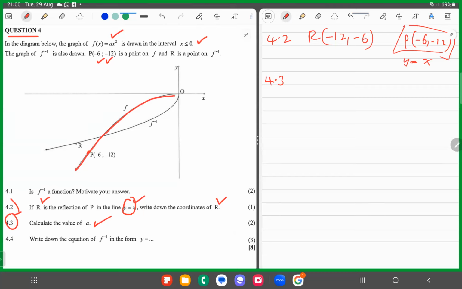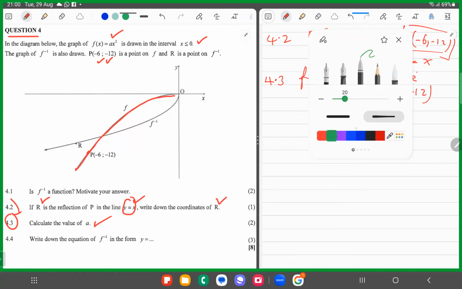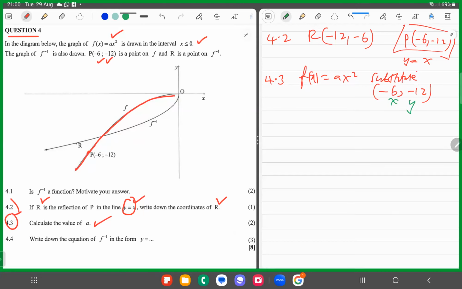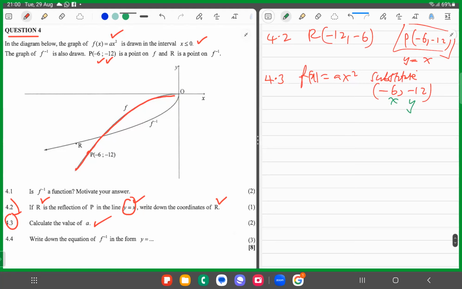Right, so now we write the answer as follows. f of x is ax squared. Substitute -6 and -12, which are x and y. So at this point your y is -12 and your x is -6, and you square that.